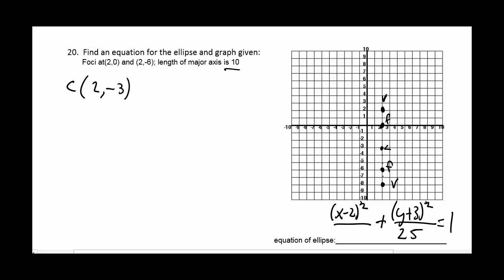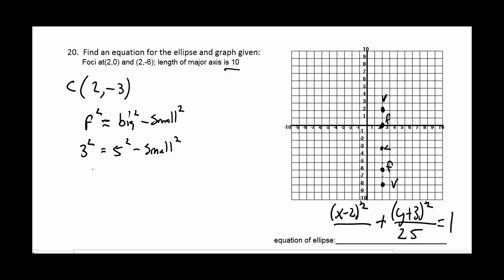And so I can use the focal length and the 25 to figure out the other number, because focal length squared equals big squared minus small squared. The focal length, let's see, is up 3, down 3. So 3 squared equals 5 squared minus the small squared.